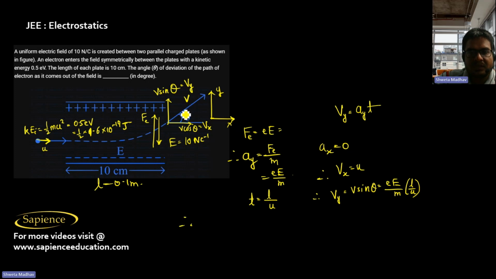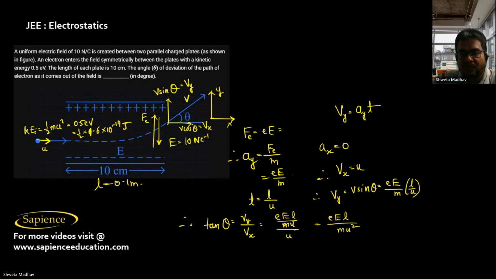Now we can tell v sine theta by v cos theta is tan theta. Tan theta will be equal to vy by vx, which is equal to Ee by m into L by u, divided by u. So this will be EeL by mu square.